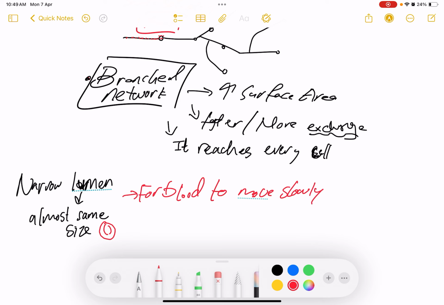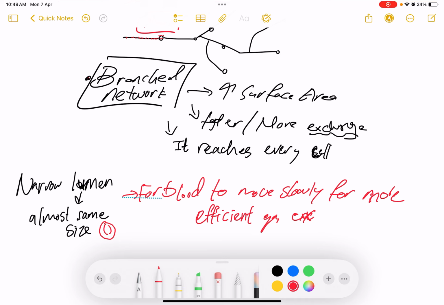For the red blood cells to move slowly for more efficient gas exchange, whether it was transport of oxygen into the cells, or you're taking carbon dioxide from the cells.